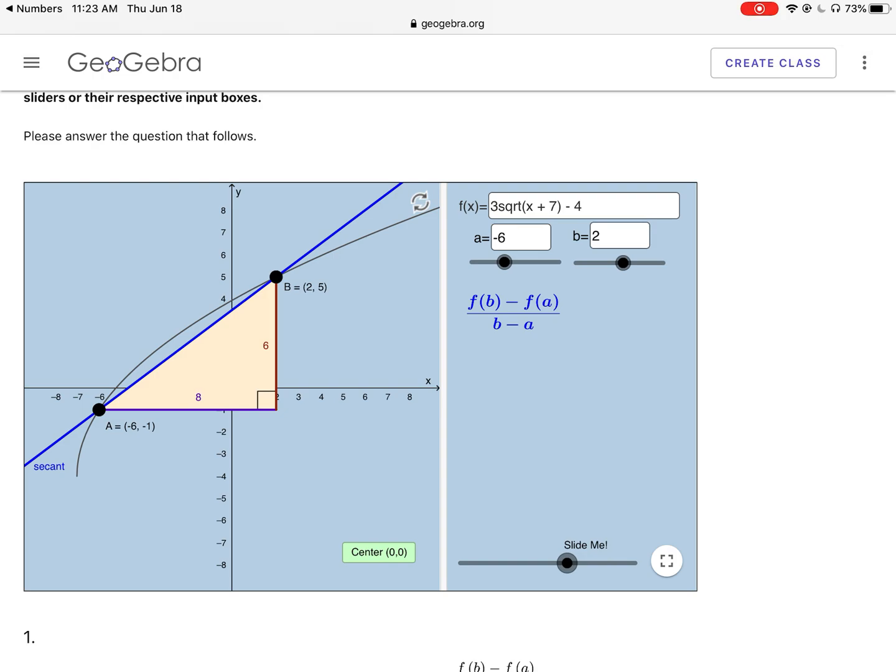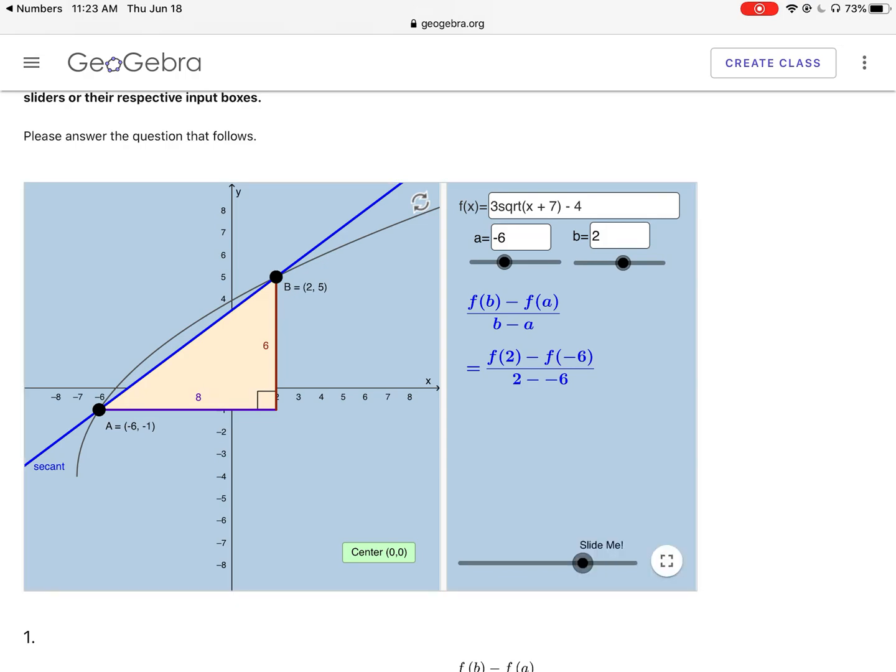formula for average rate of change on this function from point A to point B. So there's your formula, f(b) minus f(a) over b minus a. In this case, based on these 2 points, that would be the same as f(2) subtracted by f(-6) divided by 2 minus negative 6.